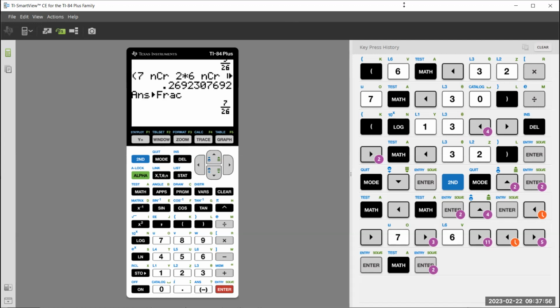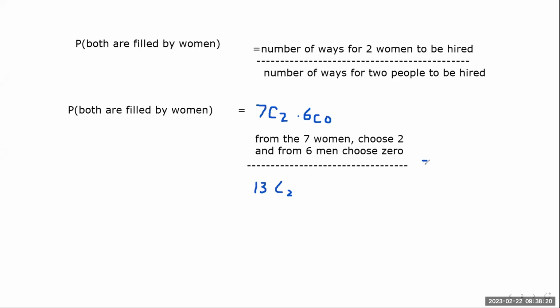So here we go. This is equal to 7 over 26.